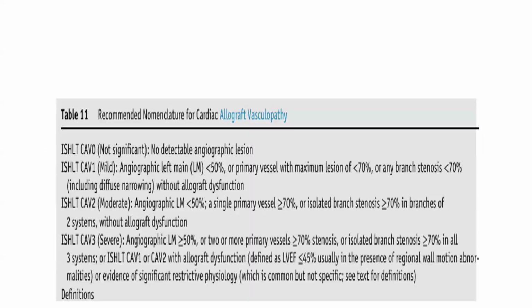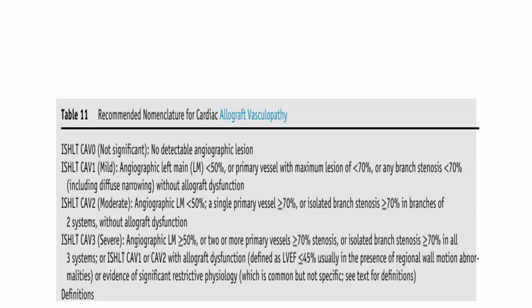So these are the grades for cardiac allograft vasculopathy. Grade 0 means not significant, no detectable angiographic lesion. Grade 1, mild, means angiographic left main less than 50%.